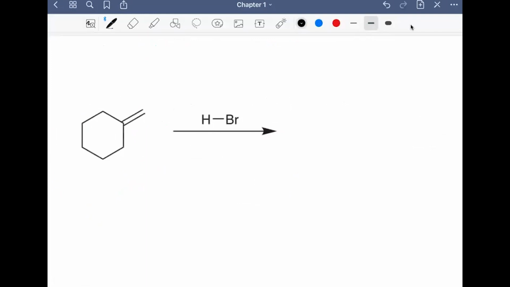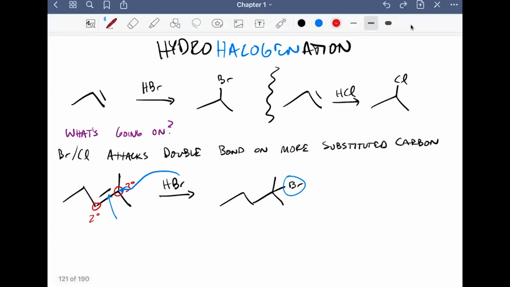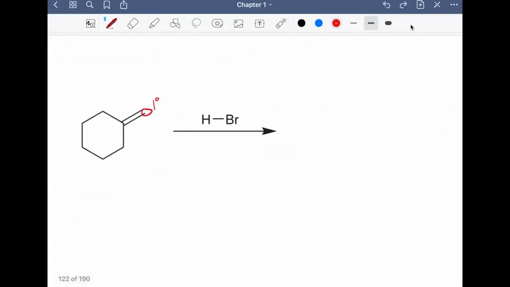On both sides, this has a primary carbon, and this is a tertiary. I'm sorry, that's a secondary. That might be a tertiary. Let me look. 1, 2, I believe that's a tertiary carbon. Whether it's a secondary or tertiary, that's still better than that primary, and that's where that Br is going to go. It's going to attack right there.